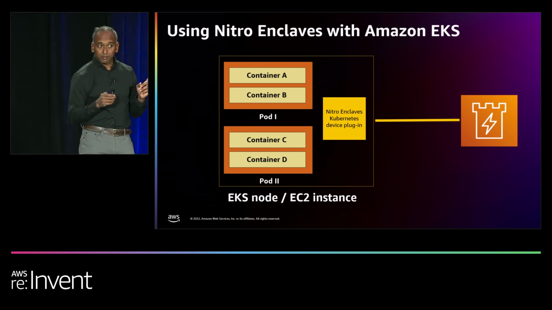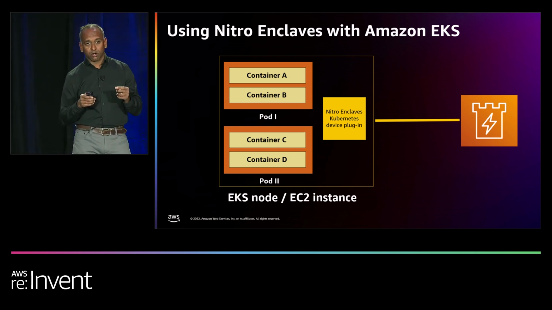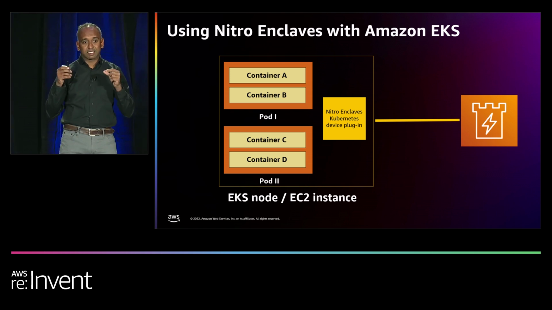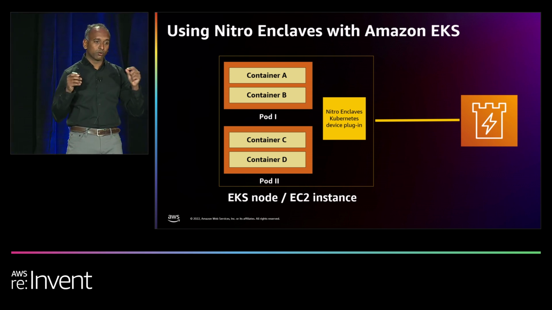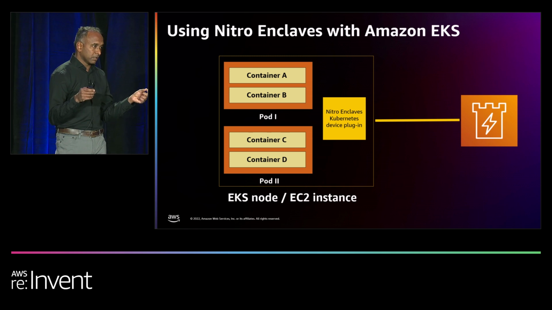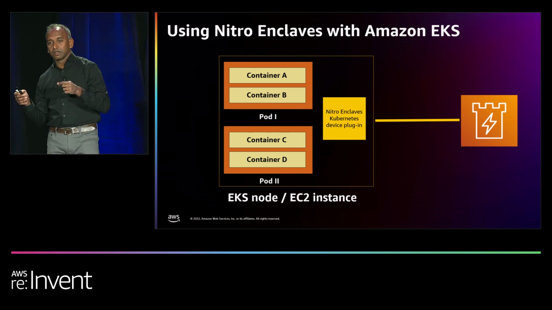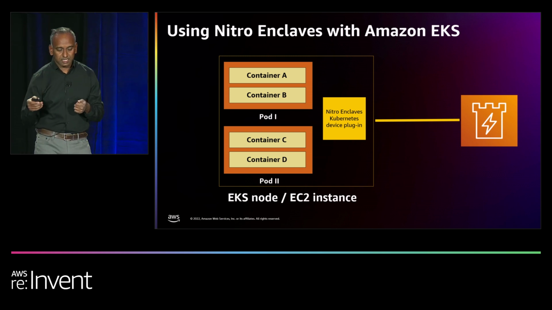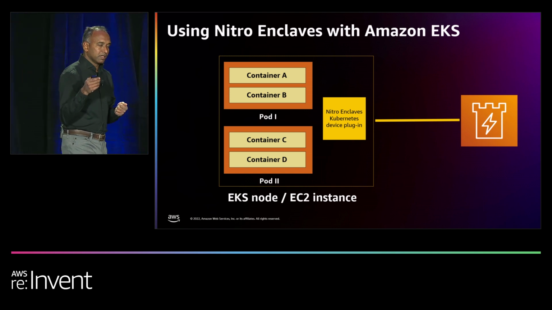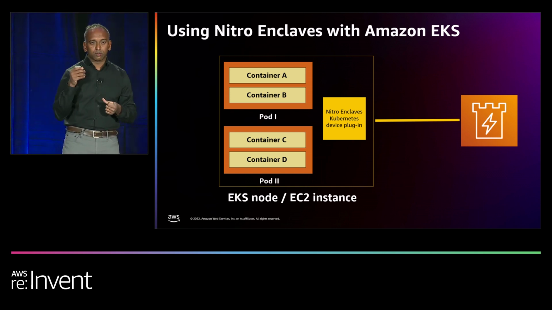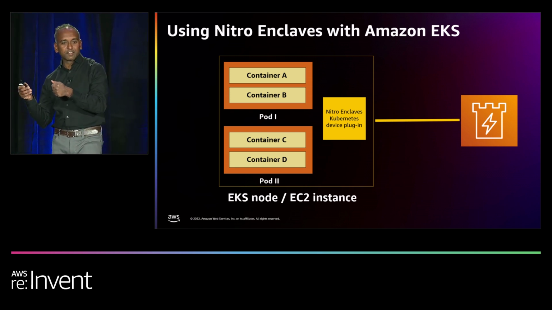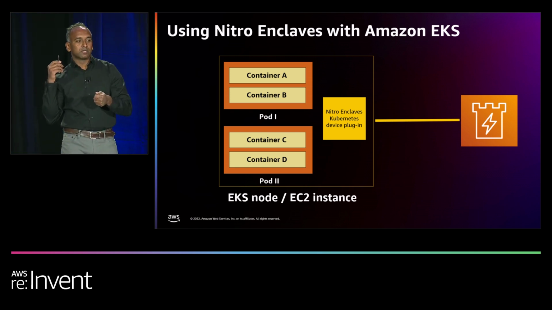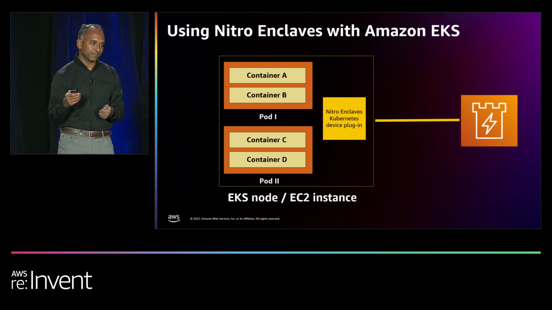You can now use familiar Kubernetes tools to orchestrate, deploy, and scale Nitro Enclaves from Kubernetes pods. As part of this launch, we've also provided an open source tool called Nitro Enclaves Kubernetes Device Plugin. This device plugin allows the Kubernetes pods to be aware of the enclaves and gives them the ability to manage the life cycle of these enclaves.